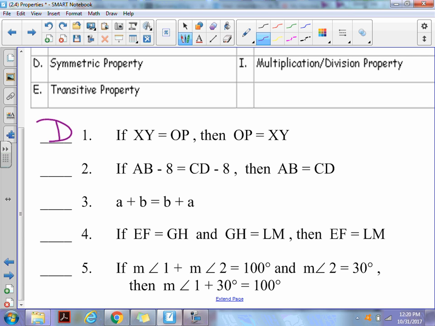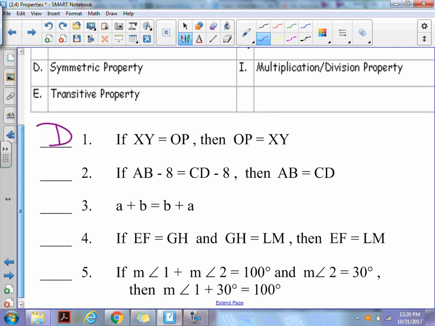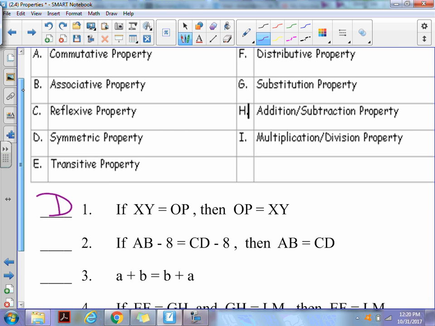Number 2. What did we just do to both sides to get from here to here? How did I get rid of the minus 8? Right. I added 8 to both sides. So which property is that?